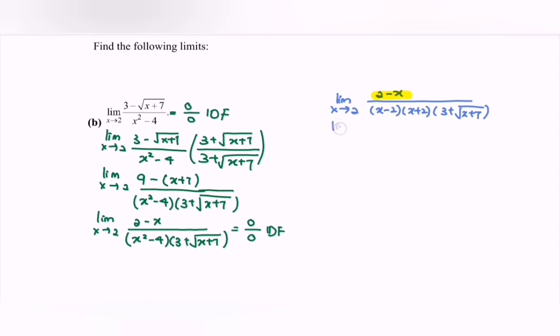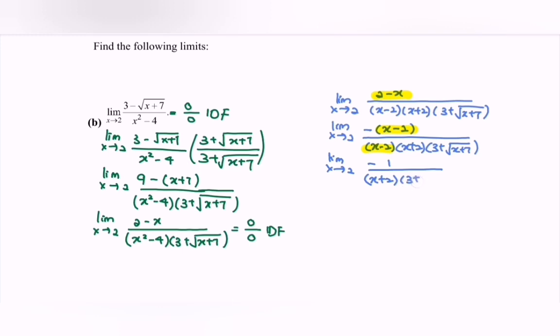Rewriting, the limit as x approaches 2, we have negative (x minus 2) over (x minus 2)(x plus 2)(3 plus square root of x plus 7). Notice that we have a common term, so we can simplify. The limit as x approaches 2, we have negative 1 over (x plus 2) multiplied by (3 plus square root of x plus 7).